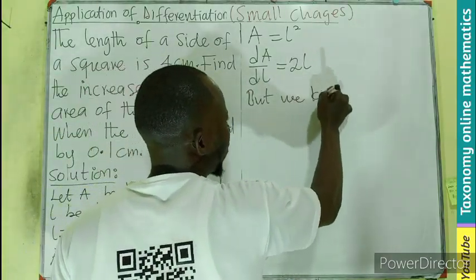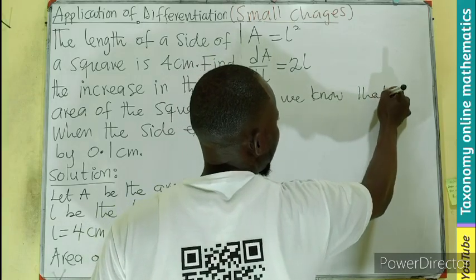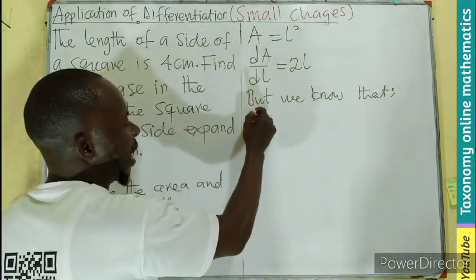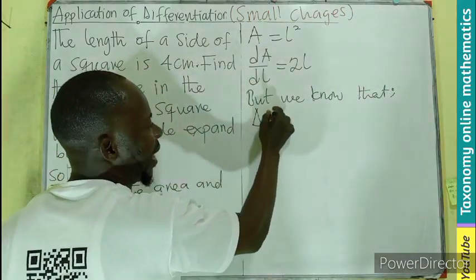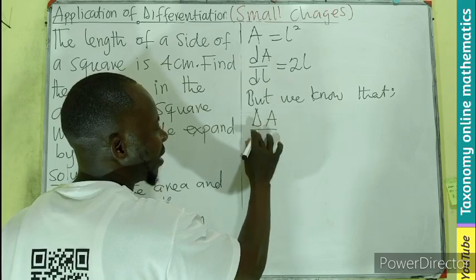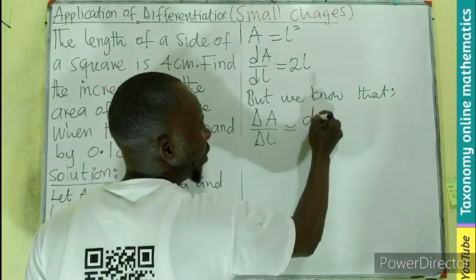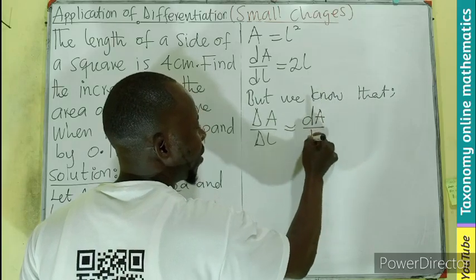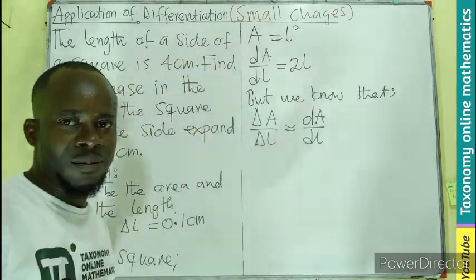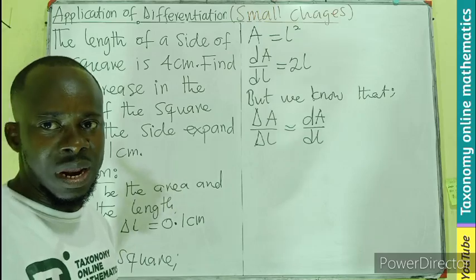But we also know that the change, that is delta A over delta L, is approximately equal to the differentiation of A with respect to L, from the small change formula.